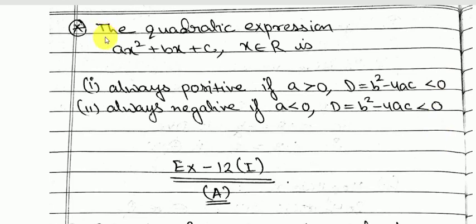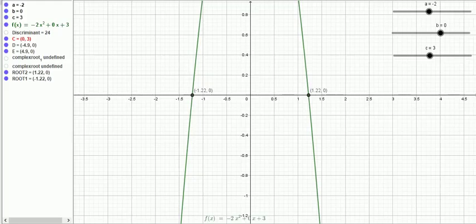Now next, here we are writing the quadratic expression ax squared plus bx plus c, where x is real. So suppose I have a quadratic expression. Now in place of x I can put anything.